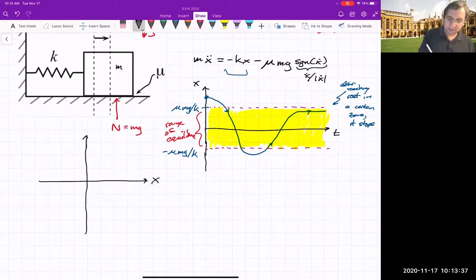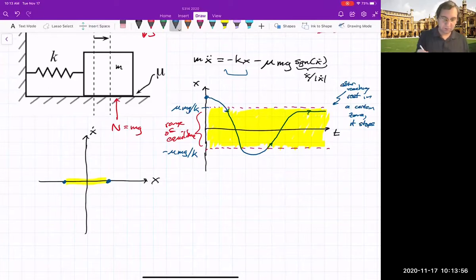So if we were to plot x and x dot, what we'd find is there's now this range of equilibria. We'll put it as a yellow bar, and it's on the x-axis. It's all at x dot equals 0.